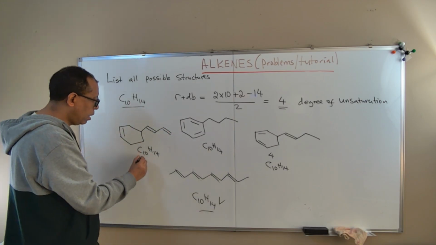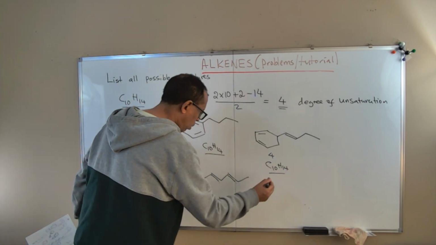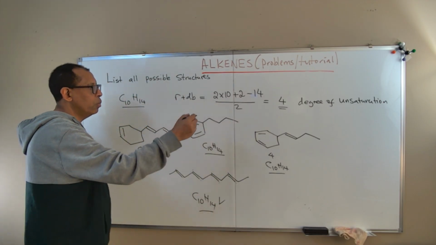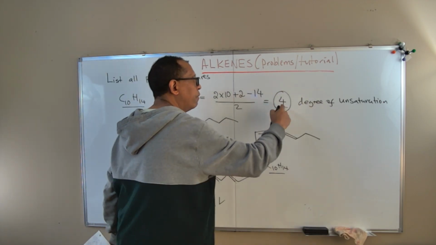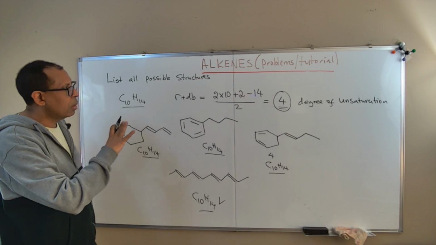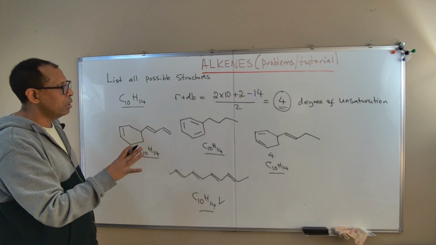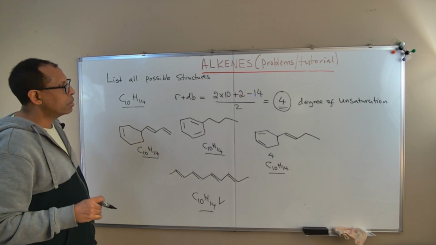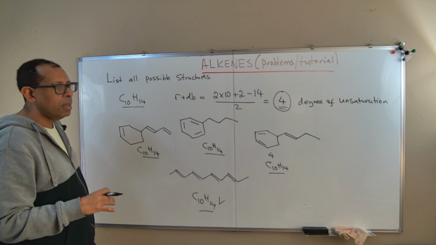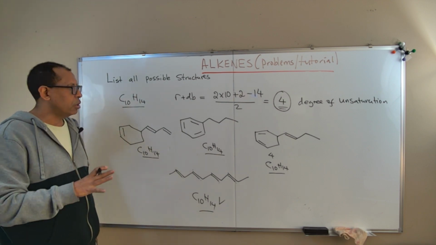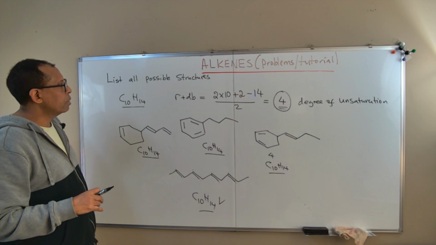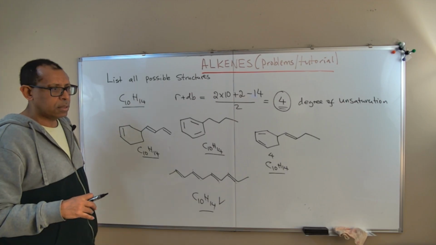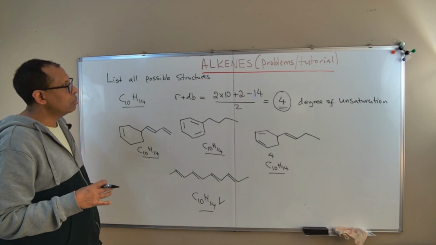So for C10H14, these are all possible structures with 4 degrees of unsaturation. This is just a nice couple of practice problems for you to solve, so it could be very easy for you to practice and understand this. Now I'll continue to the next problem.